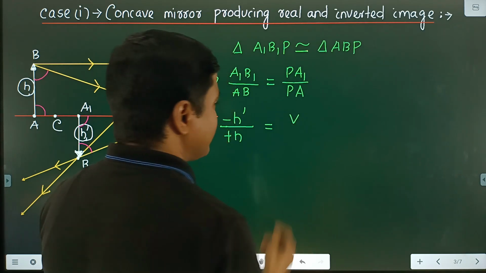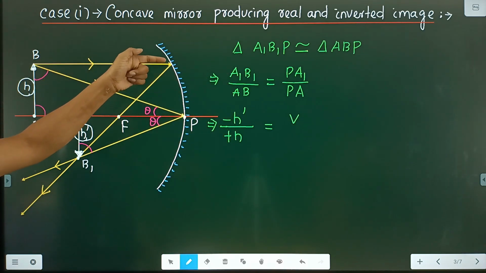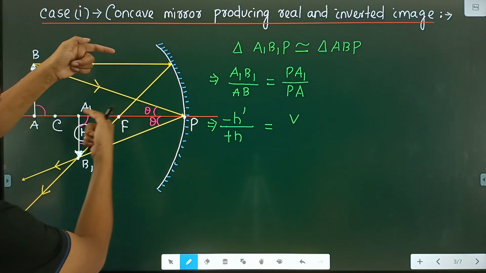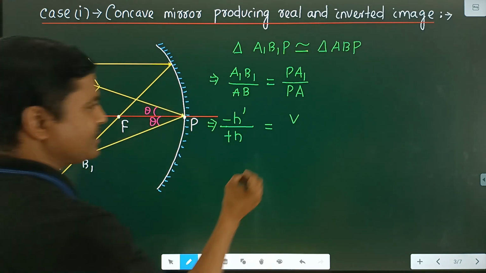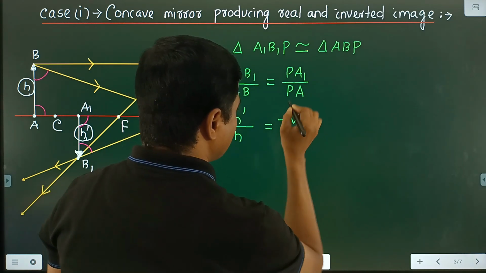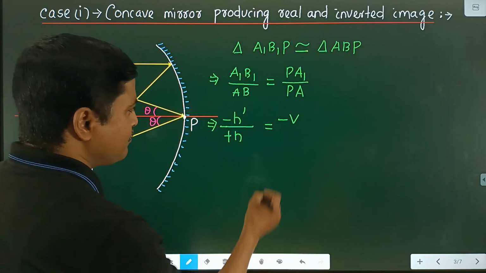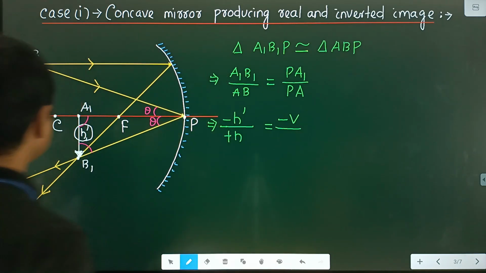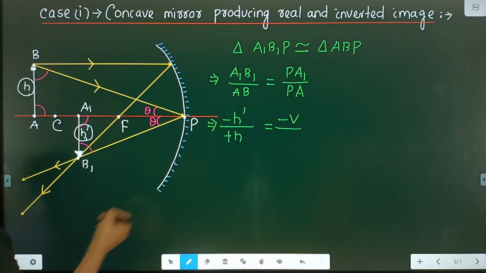For image distance we write V, but here this is the direction of the incident ray, and we measure from P to A1 just in the opposite direction of the incident ray. Opposite direction means according to sign convention we put a minus sign, that is minus V, divided by PA, at point A the object is there. We measure from P to A, that is the object distance.